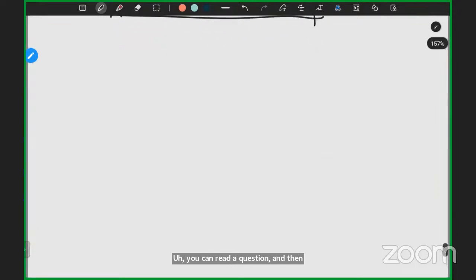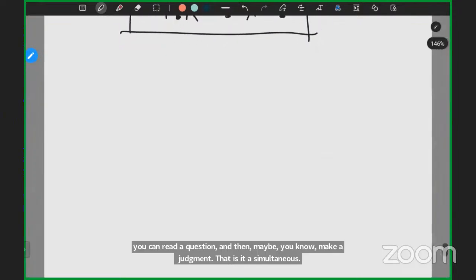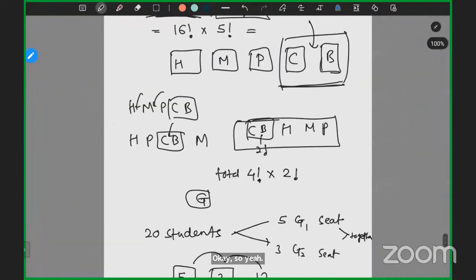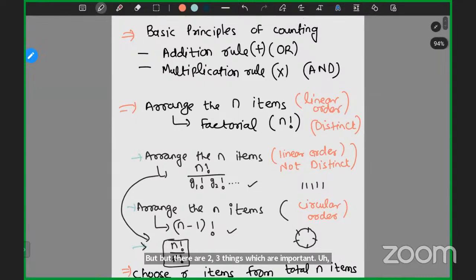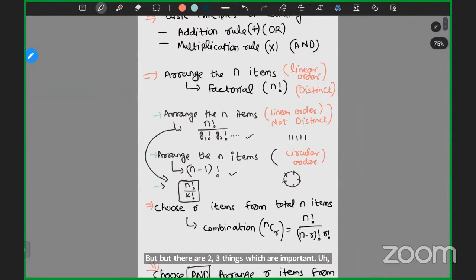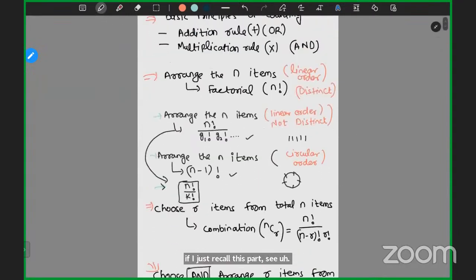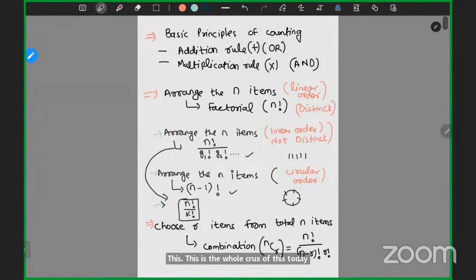Okay, sir. But there are two or three things which are important. If I just recall, this is the whole crux of today's session: when two things can happen separately, that is 'or', then we add.